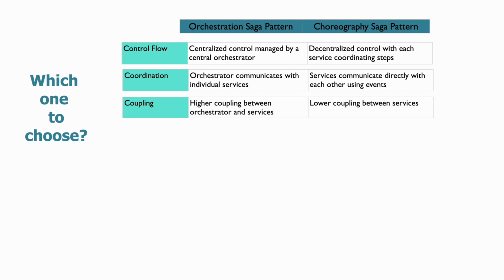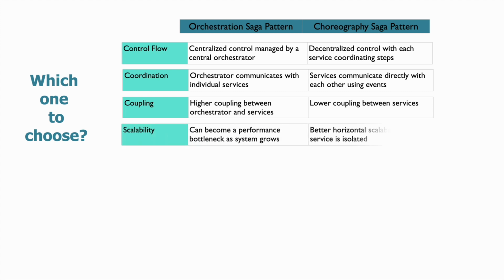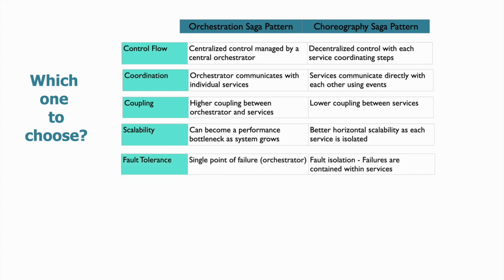The coupling is pretty low in the choreography pattern. The orchestration pattern can become a performance bottleneck as the system grows, because it will become difficult to scale this design since there will be a central server responsible. In the choreography Saga pattern, it is better to scale horizontally because each of the services can be individually scaled.